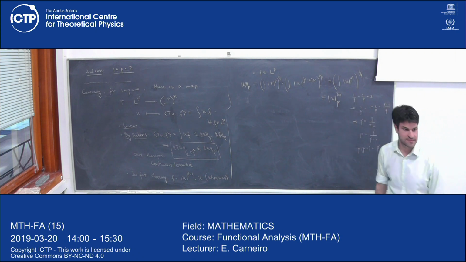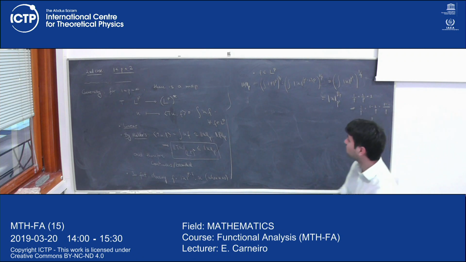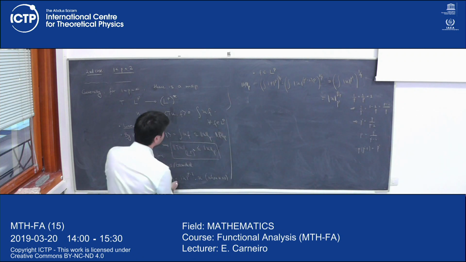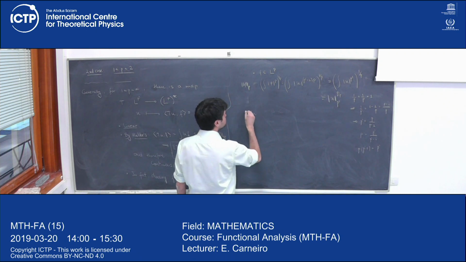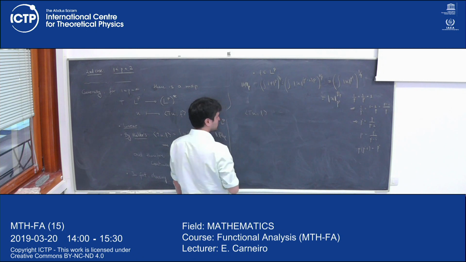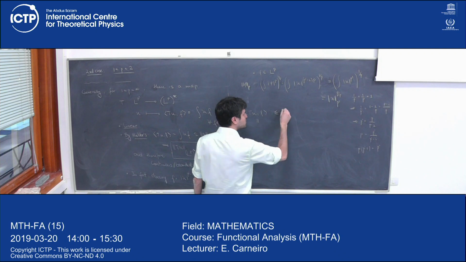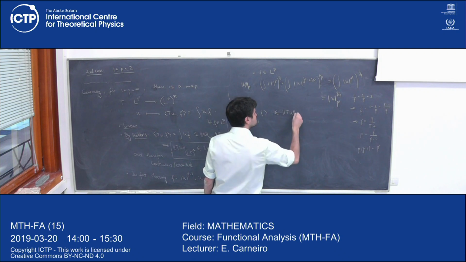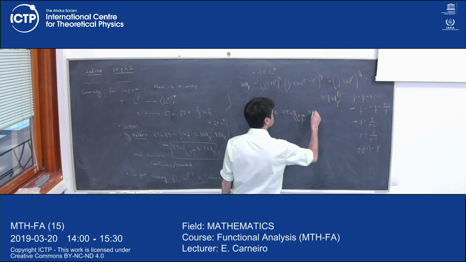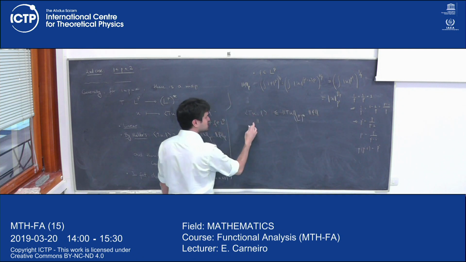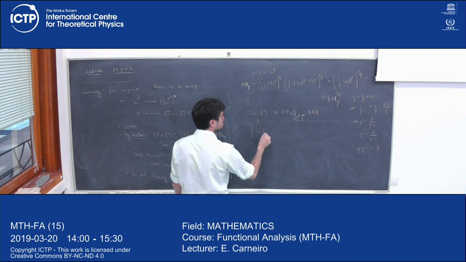Is that correct? Good. Now, if I take this function f and apply it to my functional, I get <T(u), f>, which is always less than or equal to the L^p dual norm of T(u) times the norm of f. This is equal to the integral of u times f.